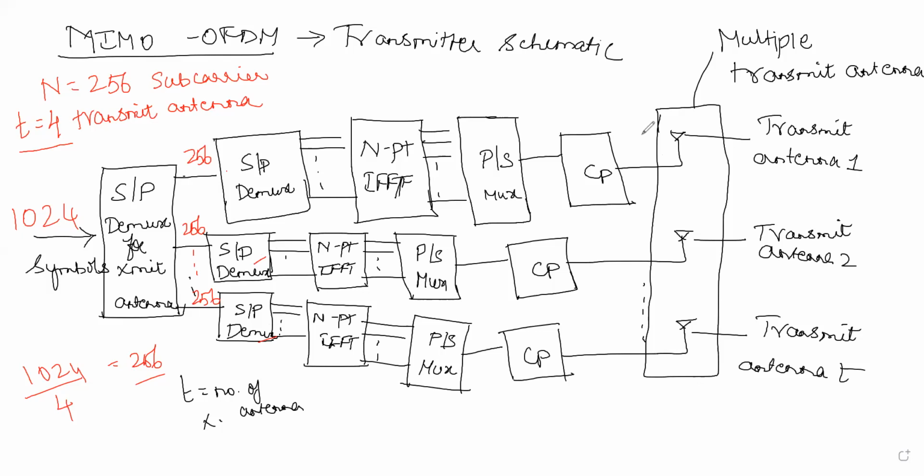Is that clear with the block diagram? Any questions in this? Here we are transmitting these 1024 symbols in parallel through the 4 transmit antennas.